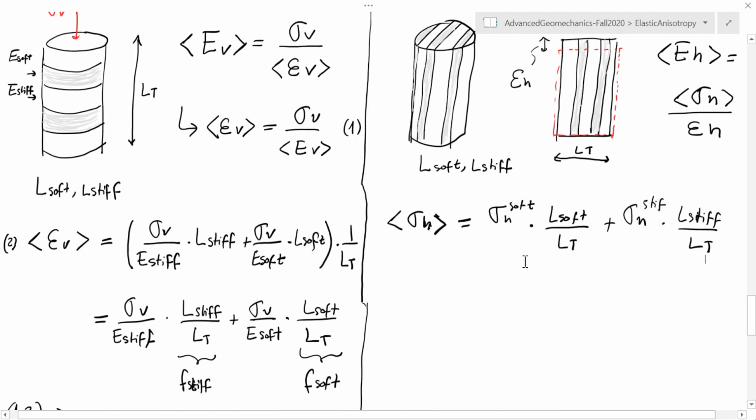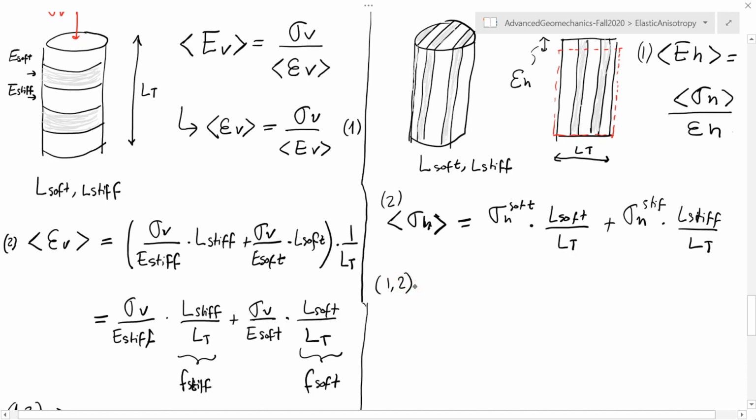And now what I can do is use the equation I have above. Let's call this equation 1 and equation 2. Again, I can combine 1 and 2.